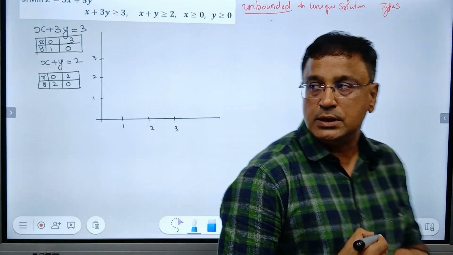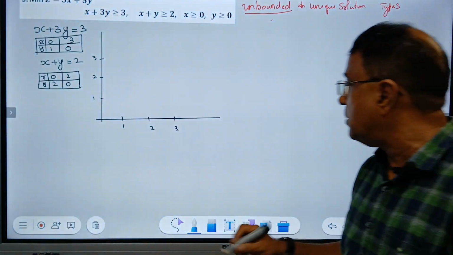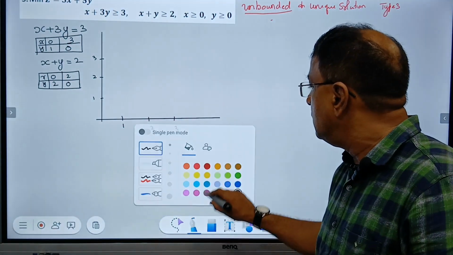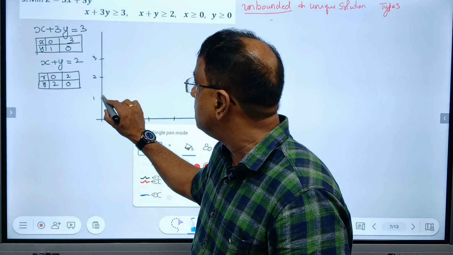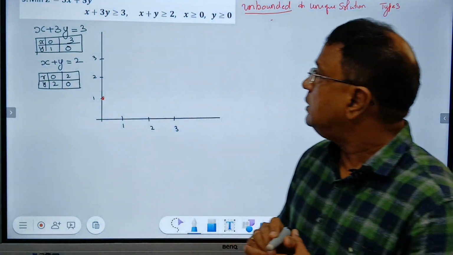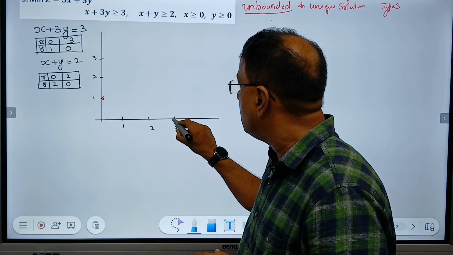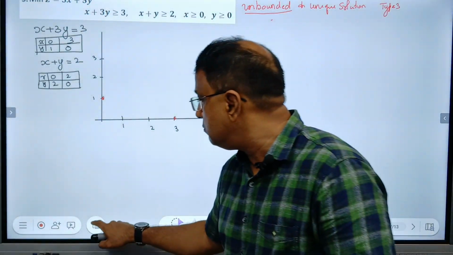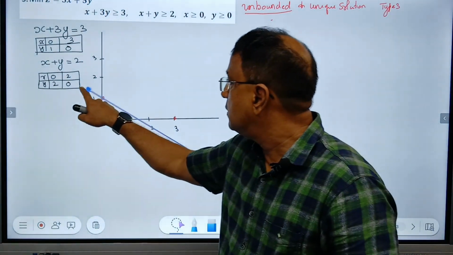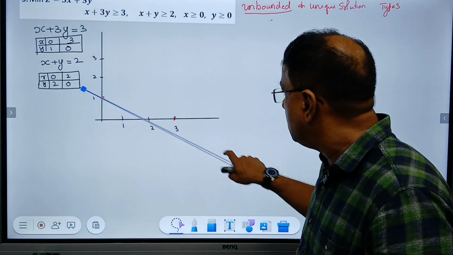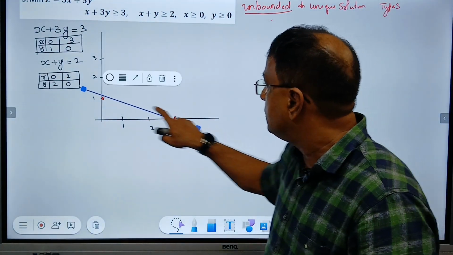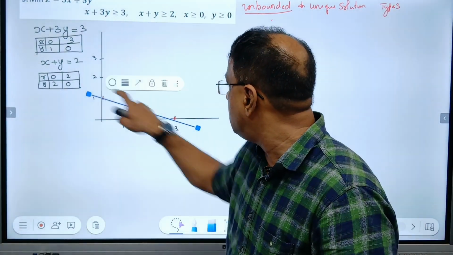So let's plot this. First I want to plot 0, 1. What is 0, 1? 0, 1 is here. And 3, 0. 3, 0 is right here. So join it. So now I think you got a perfect graph.